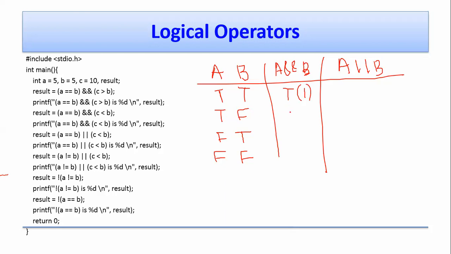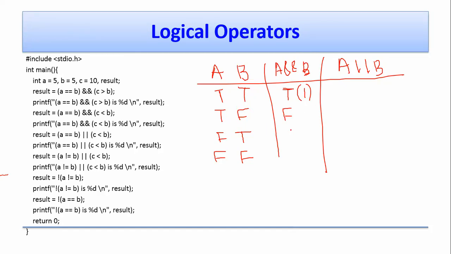Then what is the output? If it is the AND operator, true AND false is false. So if it is the AND operator, both inputs should be true. The output is true only when both are true. That is the logic. AND means both should be true. OR means at least one.